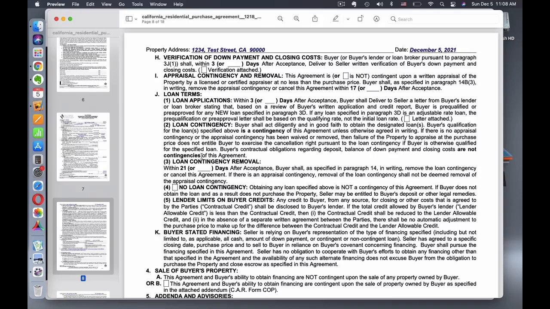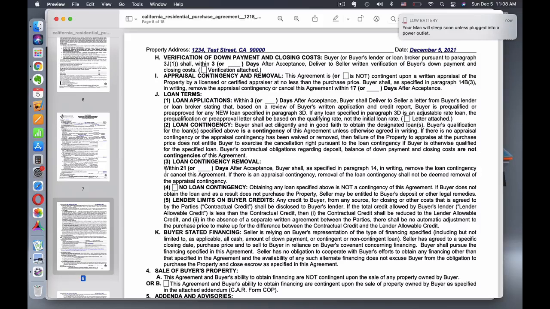So that means that if all of a sudden you get your statement near the end of closing, and let's say for whatever reason your fees go up $2,000 to get your closing costs settled with the bank, you cannot cancel because those closing cost fees went up. If something happens where you can't bring in your deposit, you can't cancel as a contingency of this contract. So this is really important for people to understand.